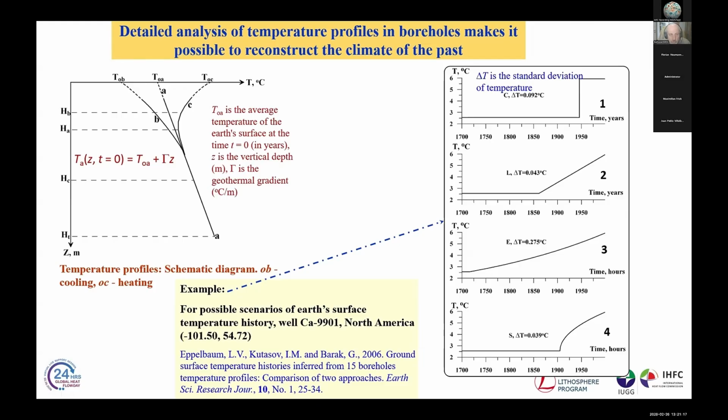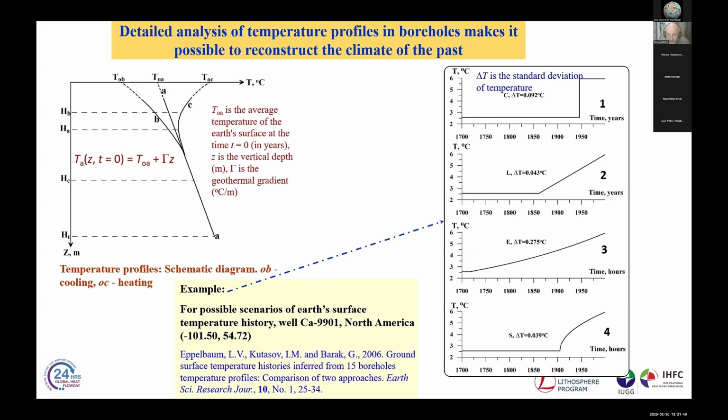I will now present in detail the methods of how we can detect the temperature of the past in a borehole with a depth of 200, 300 meters. What is important here? First, we need to have accurate temperature measurement.